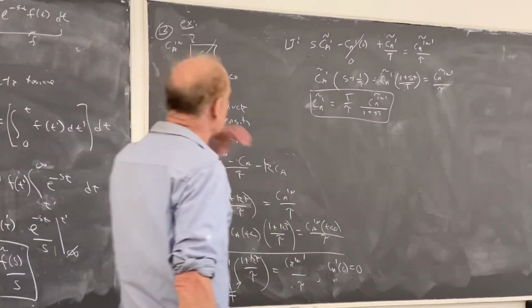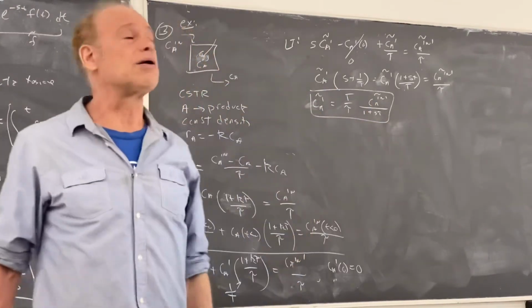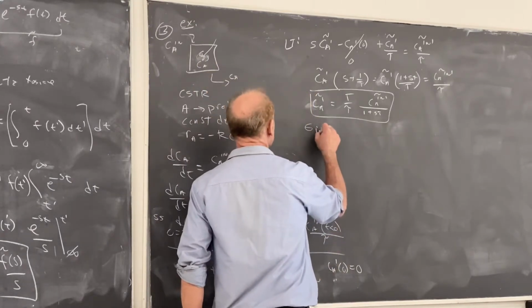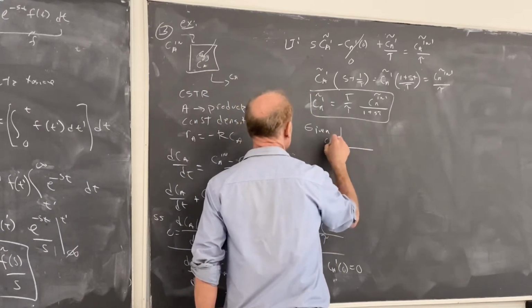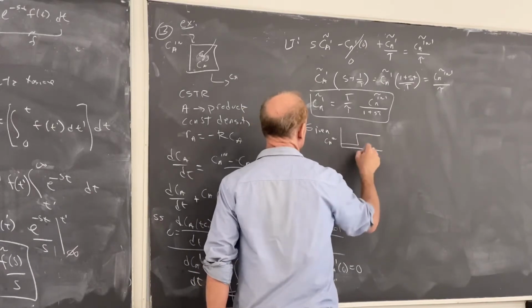Now let's figure out CA in prime, which was a given. We were given that CA in went from one value to another at t equal to 0.